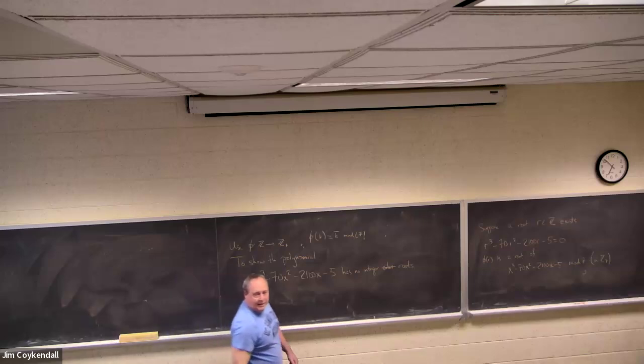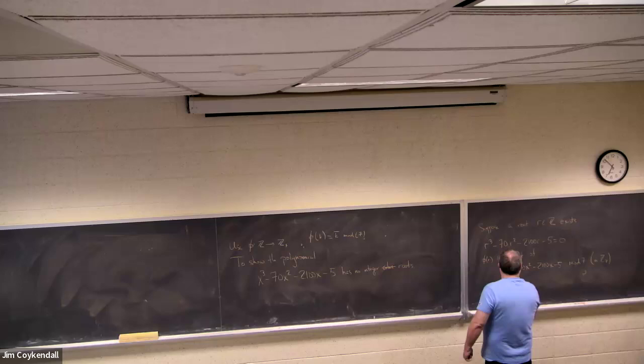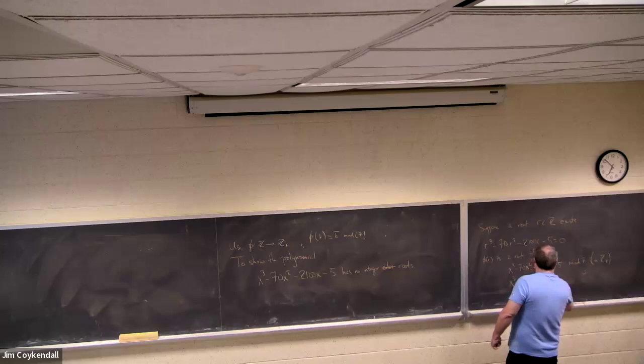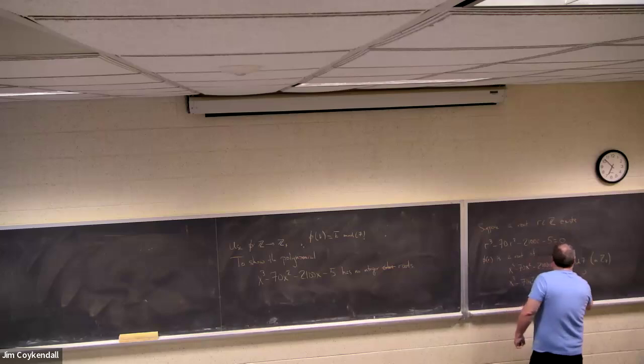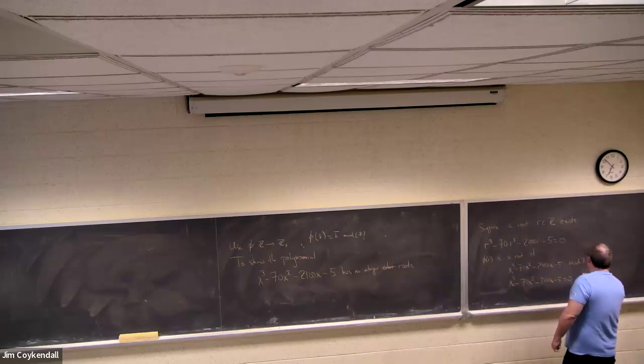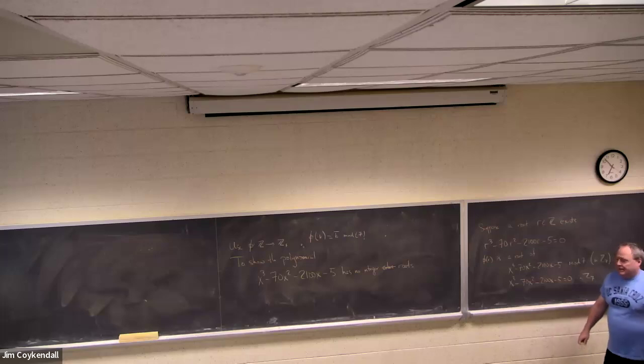Also, let me point out, it gets easier because if you have x cubed minus 70 x squared minus 2100 x minus 5 equals 0 in Z7, you can simplify this quite dramatically. Anybody see why you can simplify this? Remember, you're in Z7.